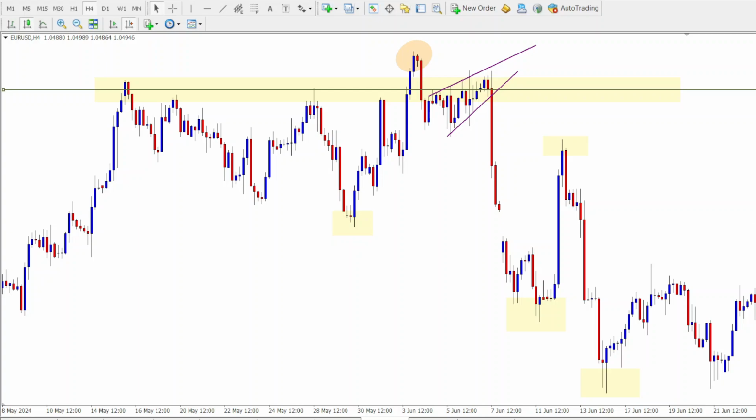Now for your take profit, your first target could be the next level of liquidity, okay? The next level of liquidity, which is going to be around this level, right? You can see that we have a support zone around there, okay?